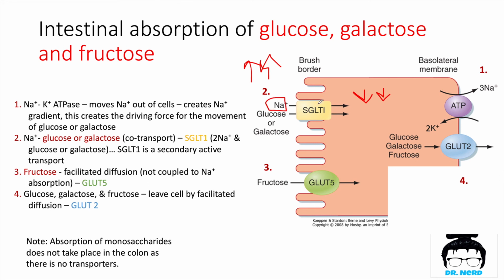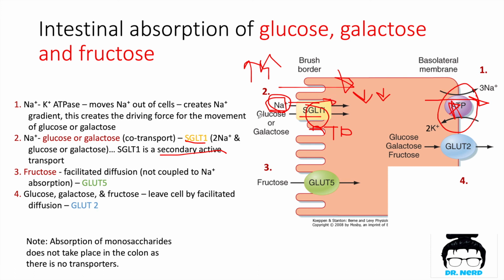This side, the gut lumen, would need to have a higher sodium concentration than inside the cell, which needs to be low, for a gradient force of the sodium ion to be able to enter the cell through the carrier. Now, this is why we call the sodium glucose or galactose transporter 1 a secondary active transport, because it itself does not need ATP to work, but it needs the sodium potassium ATPase pump to use up ATP to take sodium out of the cell, for this carrier to take sodium into the cell, and with it glucose or galactose.